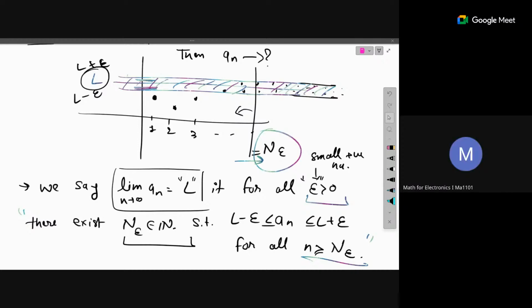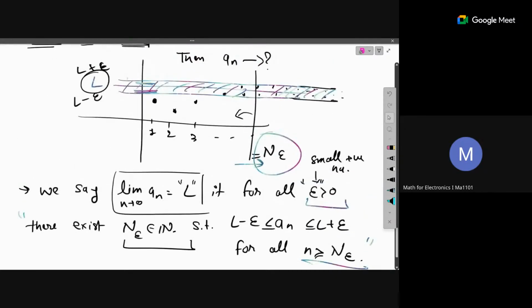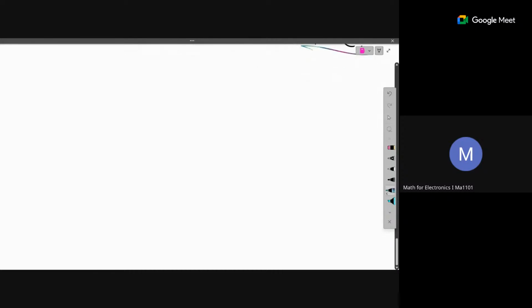The limit is the use. I mean, we calculate the limit of the function 1 by n using this definition, right? We already know that the limit as n goes to infinity of 1 by n is equal to 0, right? Now, if you want to justify this using this particular definition, what can you do? Suppose epsilon is strictly greater than 0, any positive number.